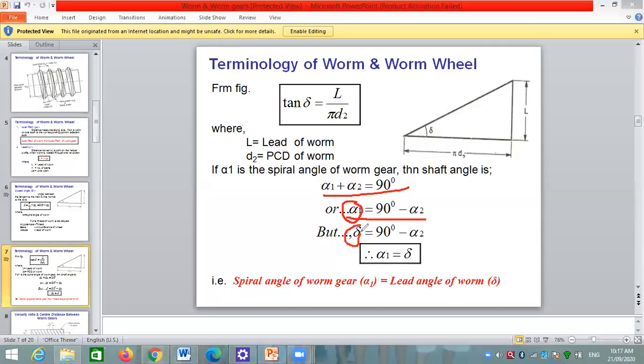Therefore alpha 1 is equal to delta, where alpha 1 is the spiral angle for a worm gear. The spiral angle for a worm gear, alpha 1, is equal to the lead angle of the worm. This is the relation between the spiral angle for a worm gear and the lead angle. Okay.